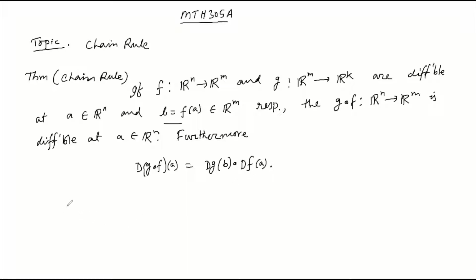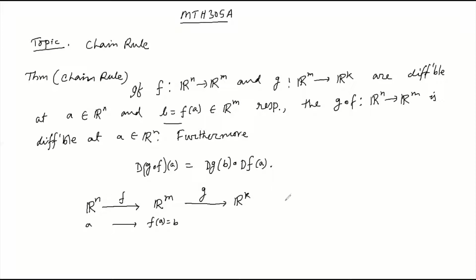Suppose this is Rn, so here we have Rn to Rm. This is the function f, and a maps to f of a, which is equal to b. And here we have the function g from Rm to Rk.